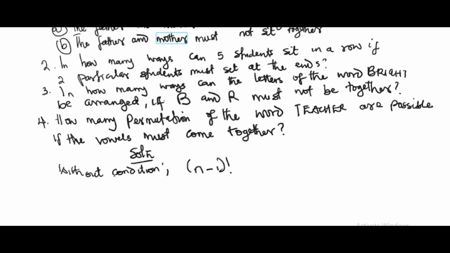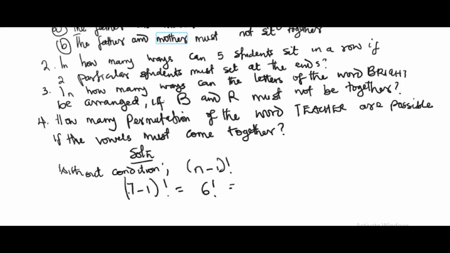So they are 7, so our n is 7. And that 7 minus 1, that will be 6 factorial. And 6 factorial is what? You write it.